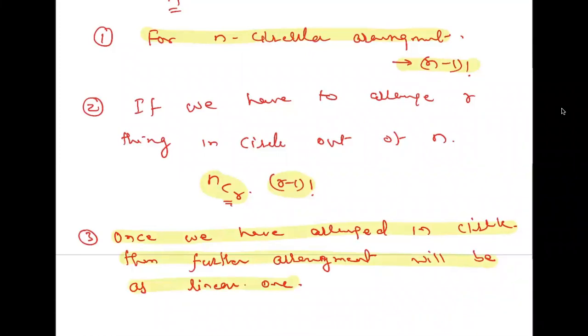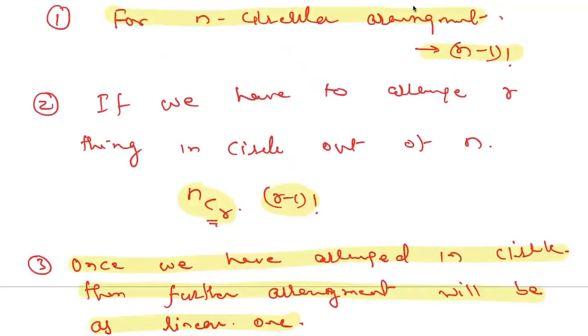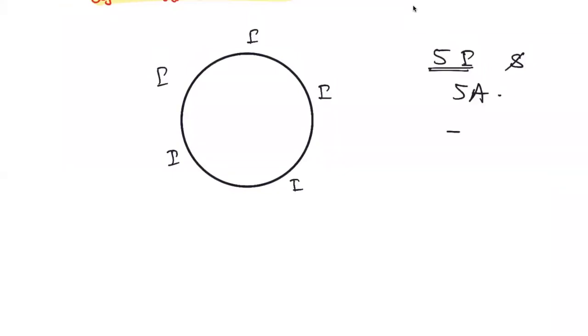Like if I give you one circular arrangement of 5 Indians and 5 Americans in such a way that Indians and Americans are sitting side by side, alternately. First, when Indians have to sit in a circular arrangement, we know by the formula for n circular arrangement that they will arrange themselves in 5 minus 1, that is factorial 4, ways.